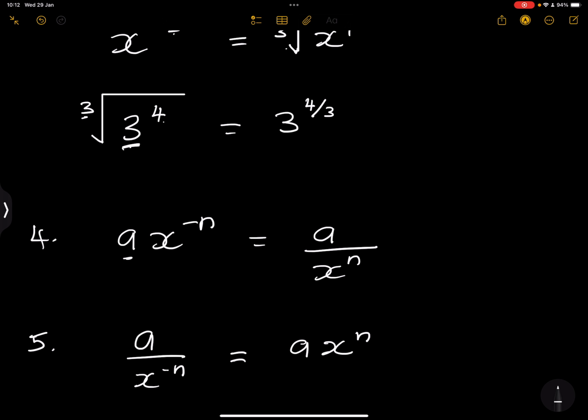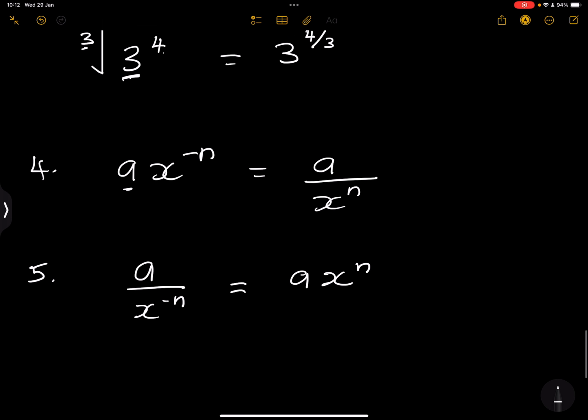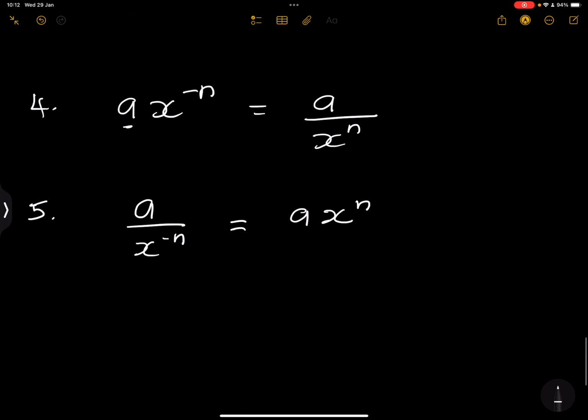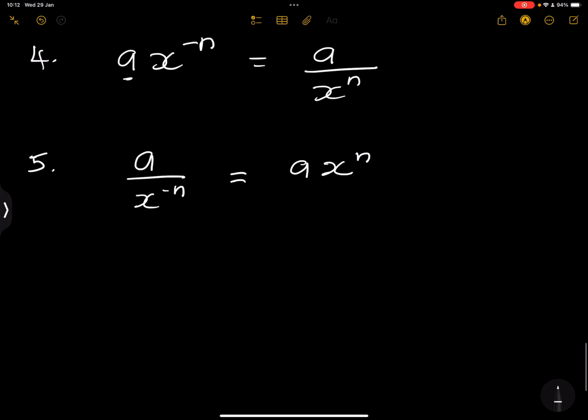Notice I have now put it as part of my numerator, but I changed the sign of my exponent. These are very, very important, so we are going to apply these a little bit more as we continue. But let me share just 2 more that I think are very, very important.